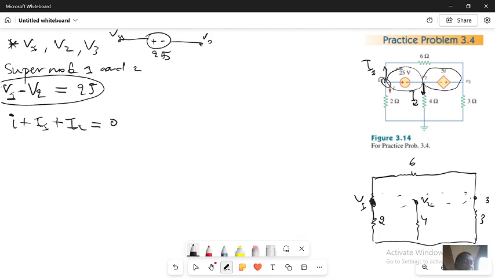Since there is no current which is entering, this cannot be true. Some currents will enter, some currents will leave. So maybe we will get a negative current. If we get negative currents, don't be afraid. It's part of the procedure.